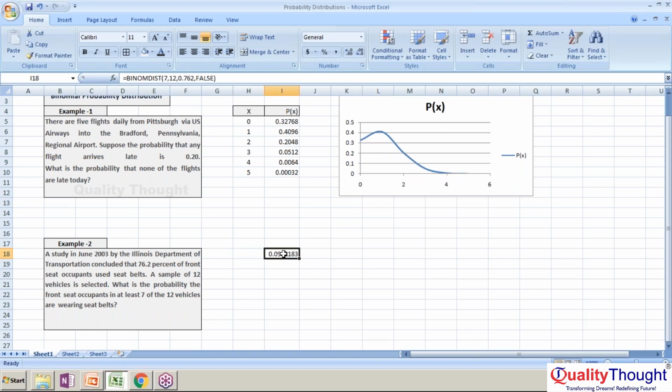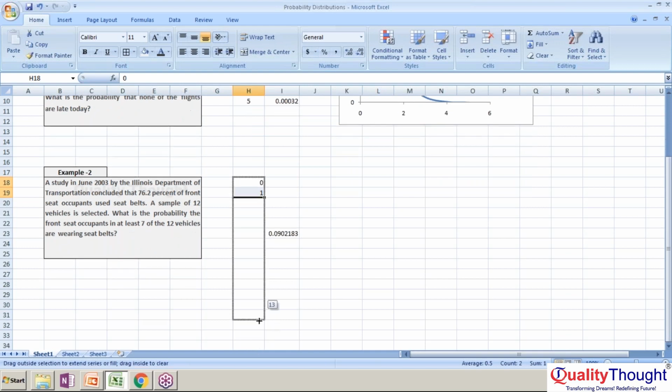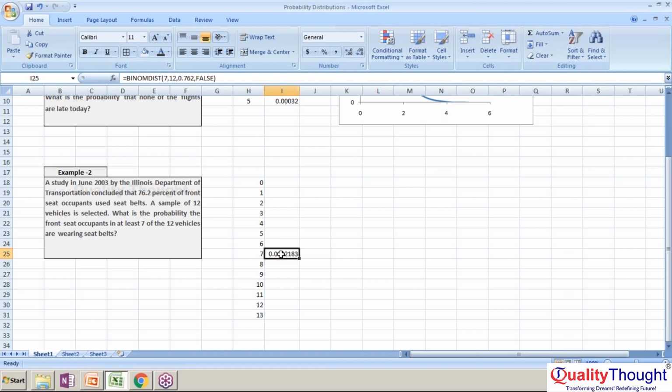But what I just wanted to do is give something like this here: 0, 1, till how much? Let me take it till 13. I know it is 12, but I will take till 13, and we understand this one. Instead of giving 7, I will say individual.